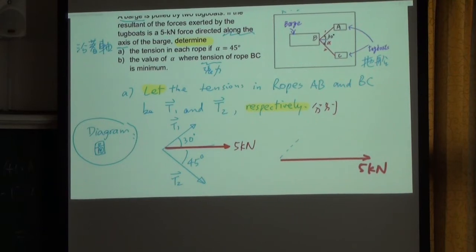T1 is 30 degrees to the top right-hand corner, but we don't know how long we should draw it, so we draw a dashed line.